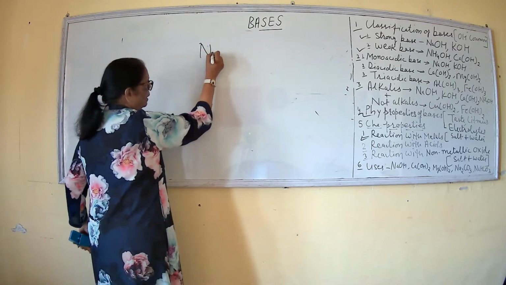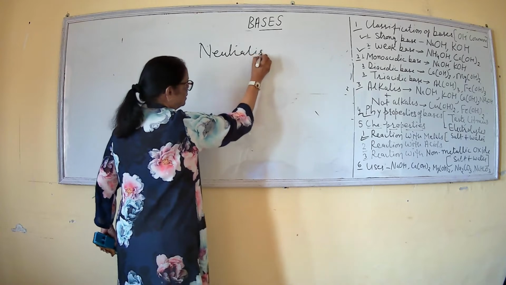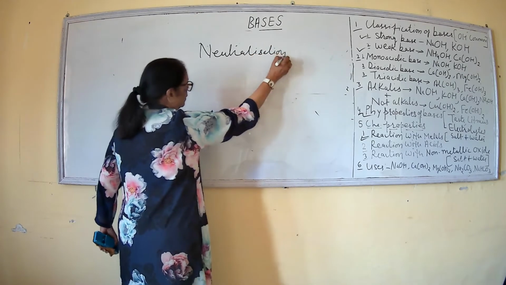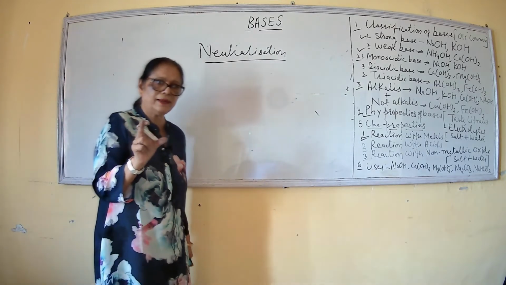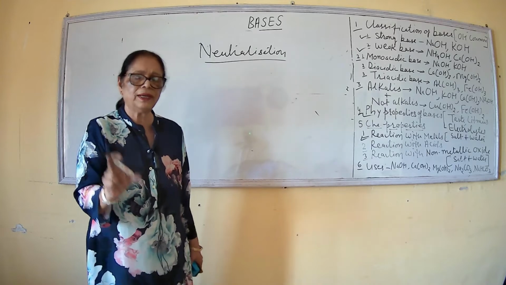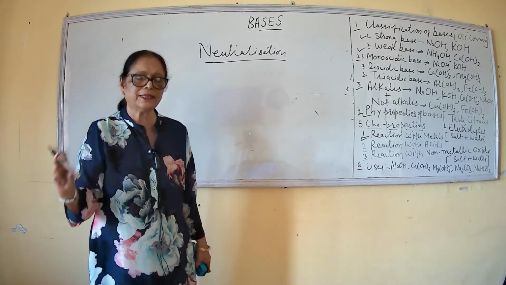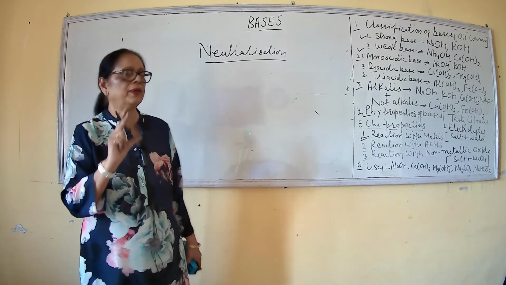So we are talking about the neutralization reaction. In acids we started by saying that when acids react with bases, they form salt and water. The whole process is known as neutralization. Here we will name the base first because we are doing bases.